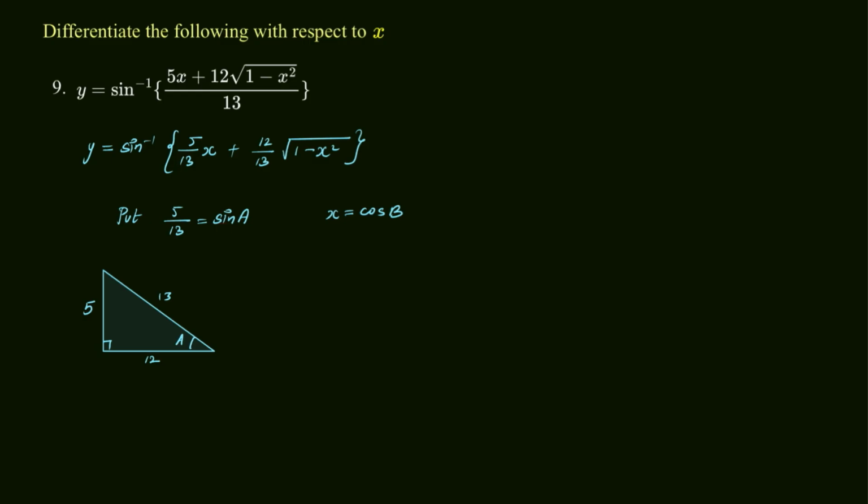So if sine A equals 5 over 13, then my cos A will be, see, cos means base over hypotenuse, and here my base is 12 and hypotenuse is 13.